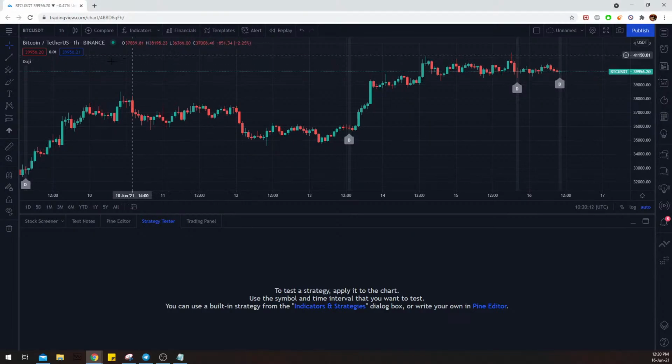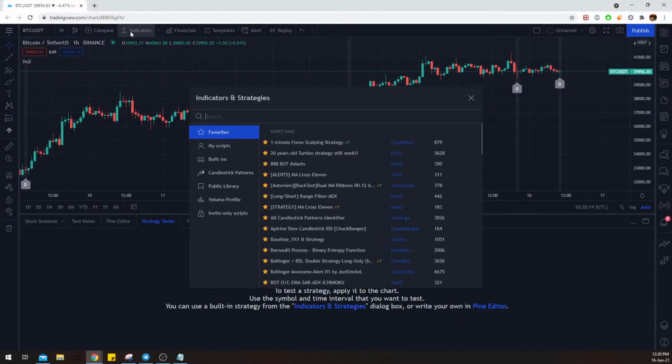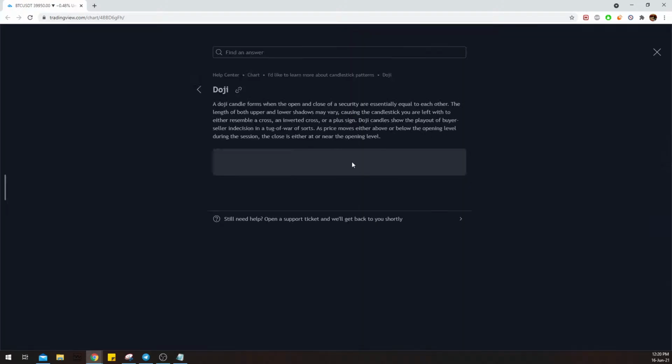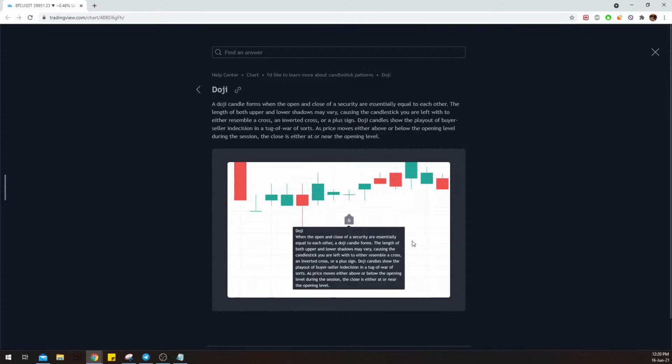In the case of the doji, we can see that we have no body at all. From the close to the open, we have no body. Instead, we have huge shadows, from the low until the open, or from the low until the close if it would be a red body.